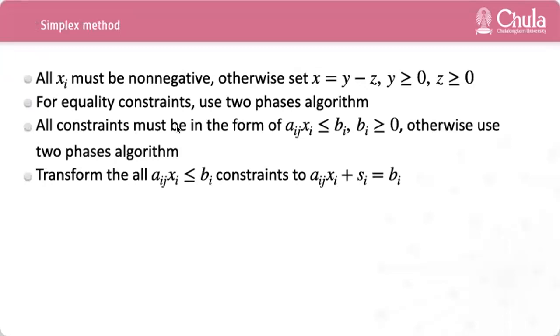So all xi must be non-negative, otherwise we replace xi with 2 new non-negative variables.